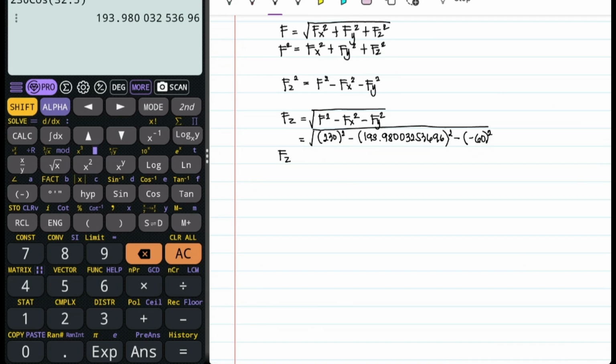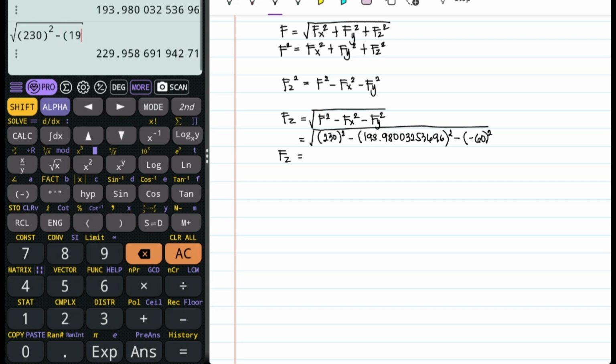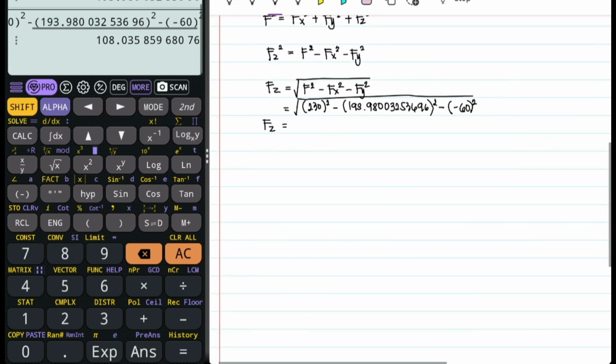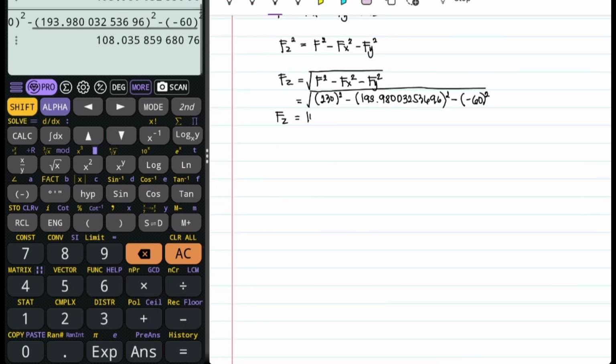Now, just a brief recall from our algebra, that if we take a square root, actually we are given two possible values, one positive and one negative, right? So we have an option whether to go for the positive value of our f sub z, or the negative one.